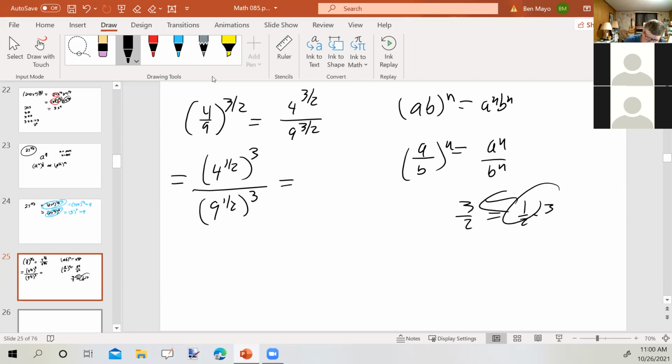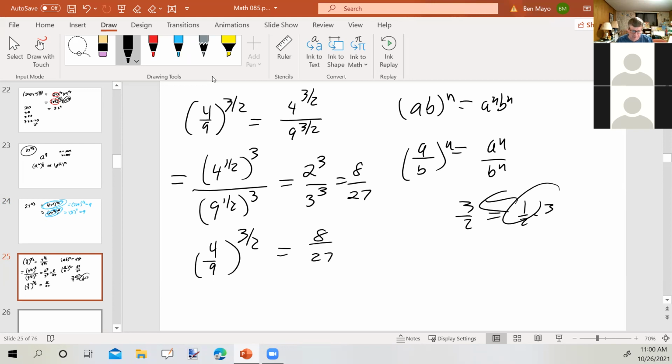Okay, 4 to the 1/2 power is 2. 2 cubed is 8. 9 to the 1/2 power is 3. 3 cubed is 27. So 4/9 to the 3/2 power equals 8/27. Now, you could punch this into your calculator, but the answer it would give you would be some long decimal and it wouldn't be an exact answer. So that's why I would do it by hand if I were you.